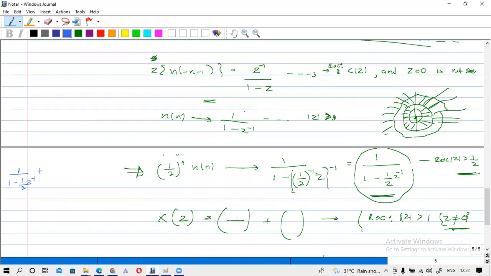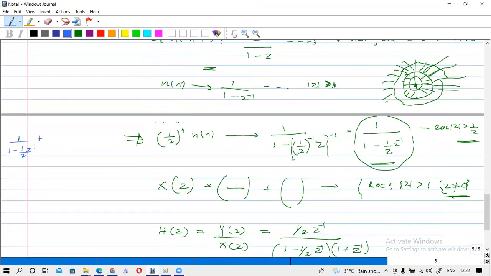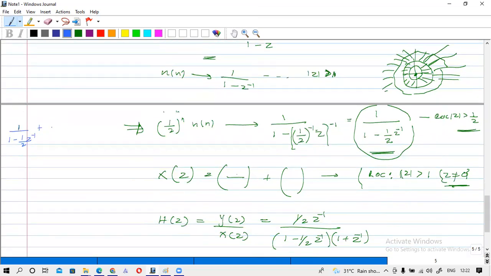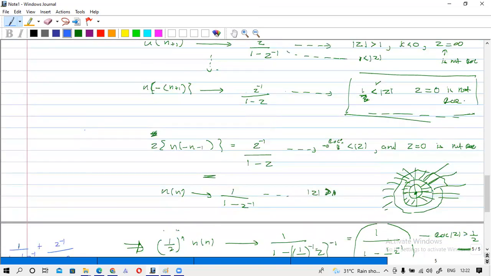This one, z minus 1, 1 minus z. Okay, correct?